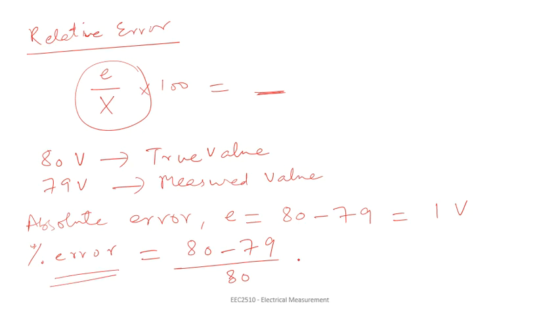If you don't multiply it by 100, this portion only will be the relative error, and if you want to obtain it in percentage form, this will come as 1.25%. So this is the percentage error. I hope you got the difference between the absolute error and the relative error.